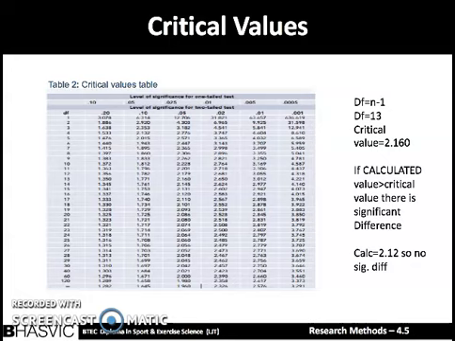And if your calculated value is more than your critical value in this case, then that would show a significant difference. Our calculated value is 2.12, which is less than the critical value, so there is no significant difference. And that is how the critical values table works.